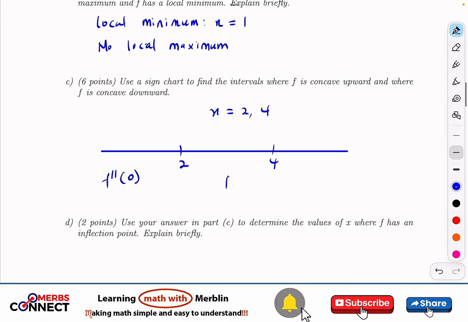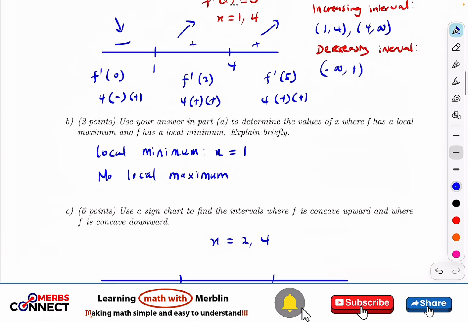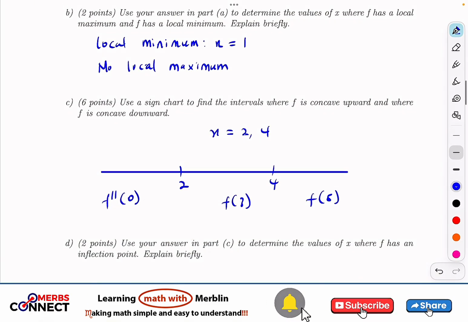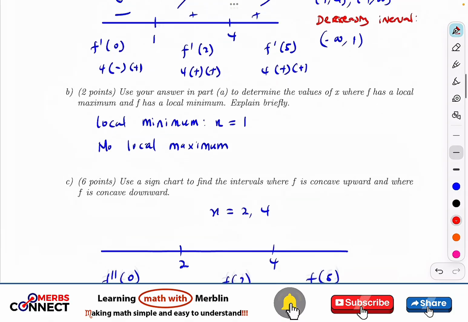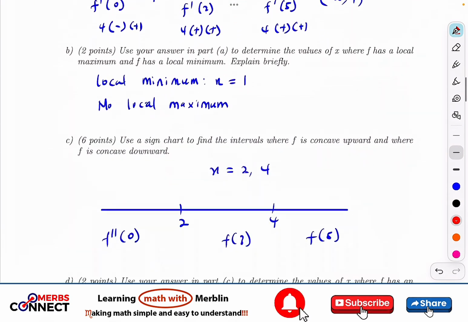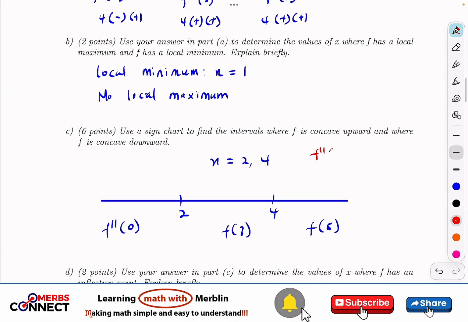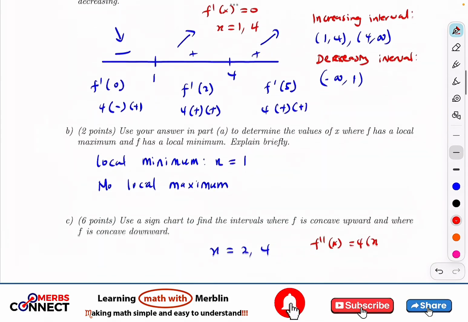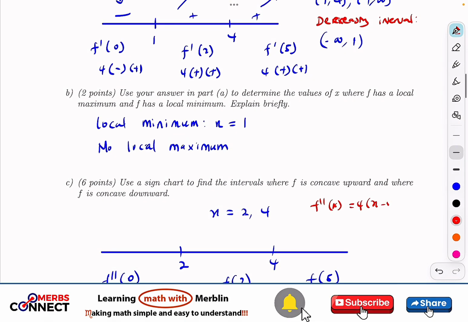Good. And let me pick something like 3 here, and let me pick something like 5 here. Okay. So now let's try and put them in and see what is going to happen. Let me write f prime prime here so that we can see it very well. This is 4x minus 4, x minus 2. X minus 4, x minus 2.